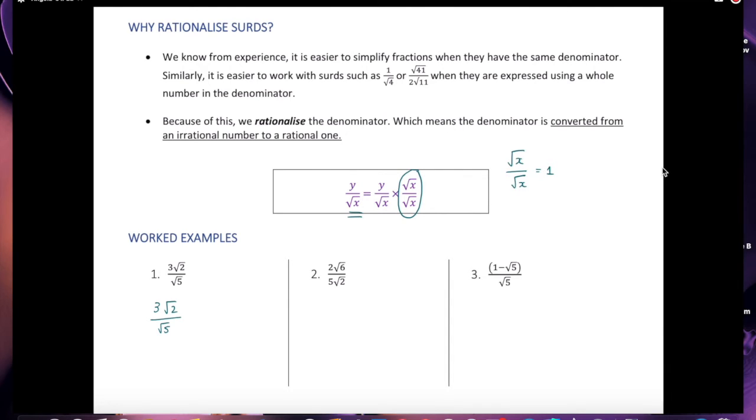To rationalize the denominator, I'm going to multiply that by root 5 on root 5, because root 5 is our denominator. Simplifying this, I get 3 root 10 divided by 5.